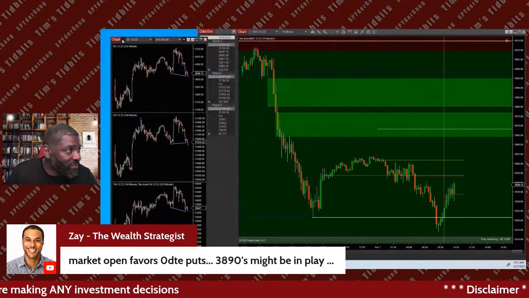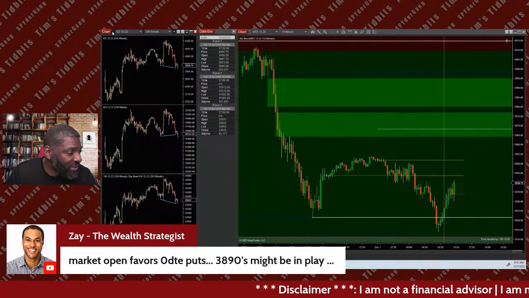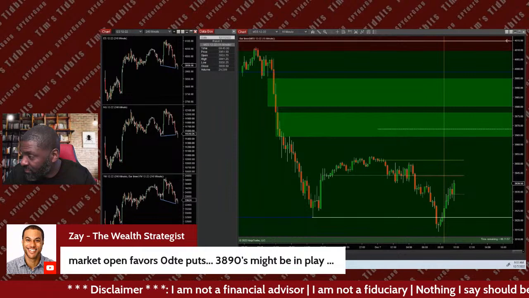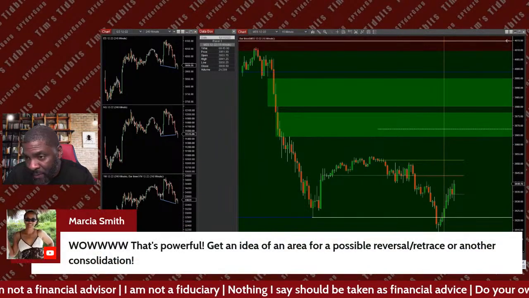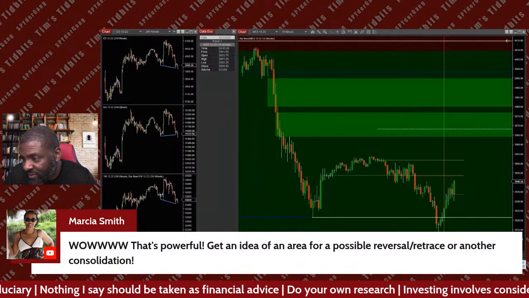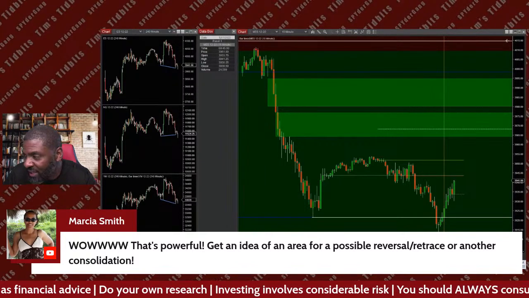I hope them folk that's in them zero days don't get burnt. But there's a lot of market left to be traded today. We'll see. Wow, that's powerful. Get an idea of an area for possible reversal, retracement, or another consolidation.